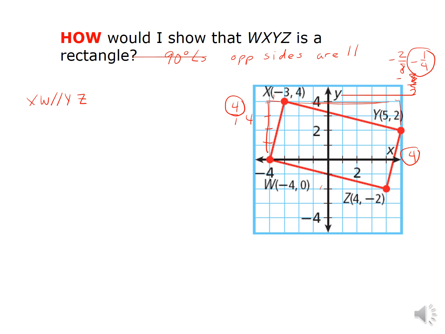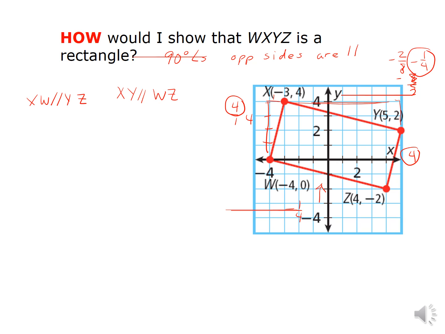Then I'm going to find this one, which is also negative 1/4. So I just showed that XY is parallel to YZ, okay?